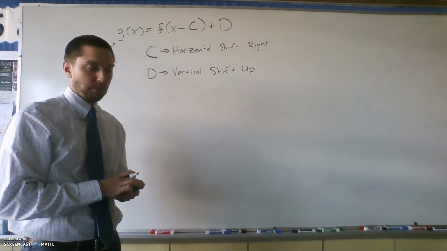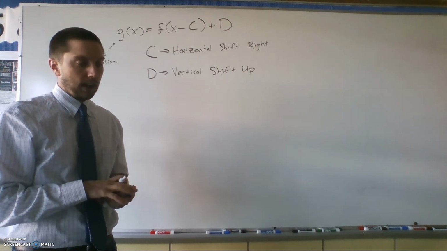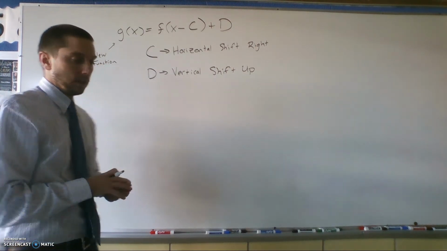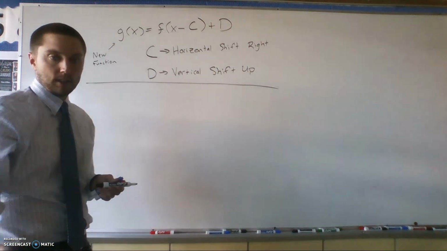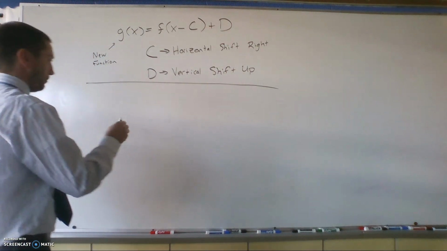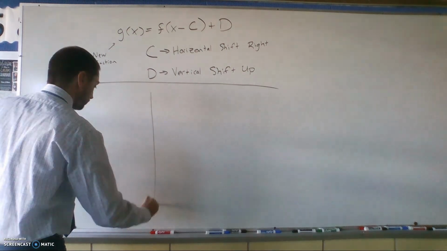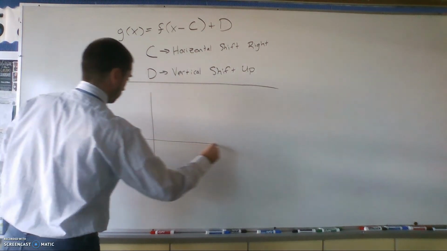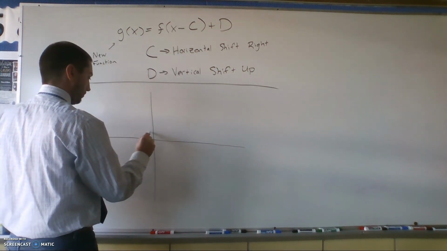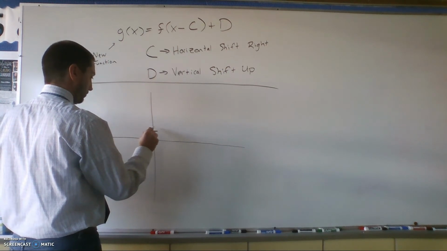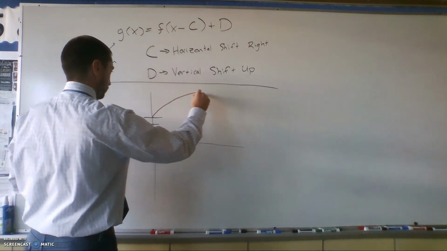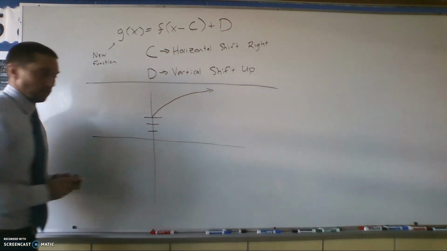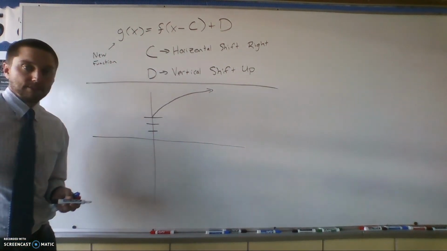So now let's try some examples here. I'm going to give you a graph, and I'm going to ask you to write the equation for me. Okay, so here's my graph.